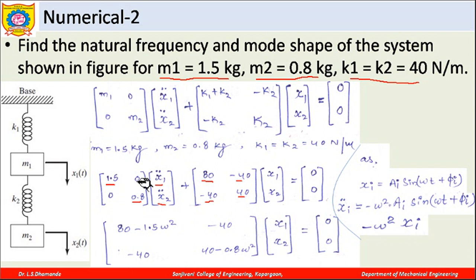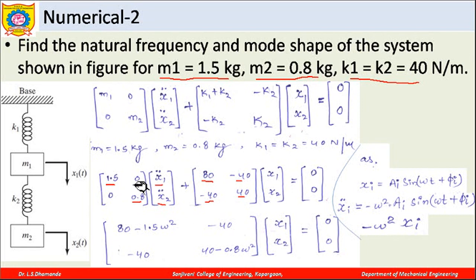I am multiplying here this row and this column. The multiplication of this row and this column gives 1.5 here, and this is x1, whose value is minus omega square into x1.